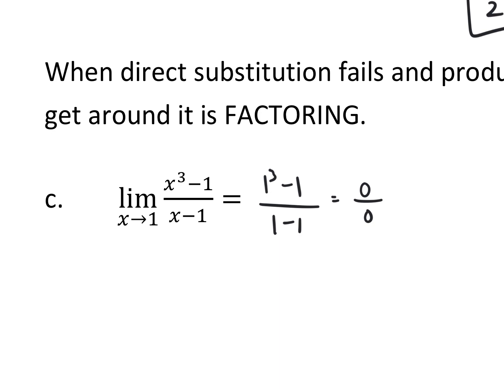So, anyone remember the difference of cubes formula? I'm going to write it out up here. If I have a cubed minus b cubed, that would be the same thing as a minus b times a squared plus ab plus b squared, okay?